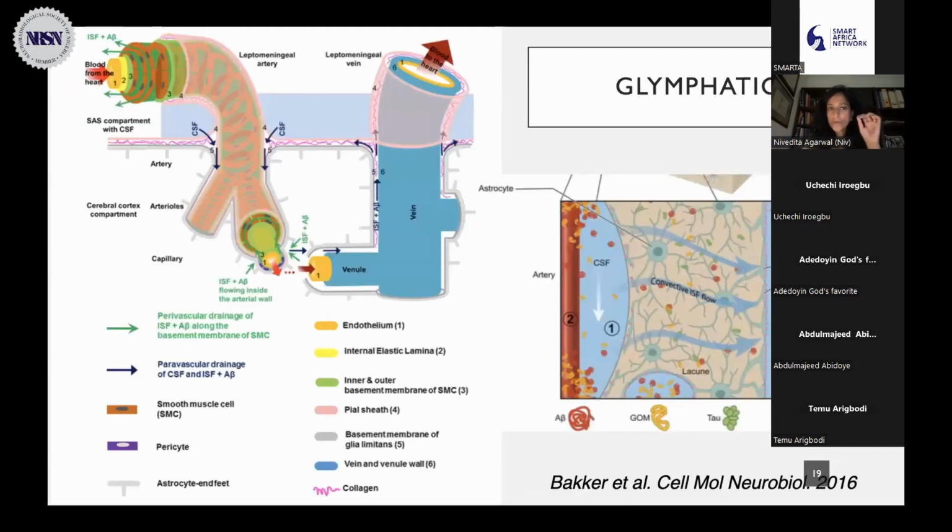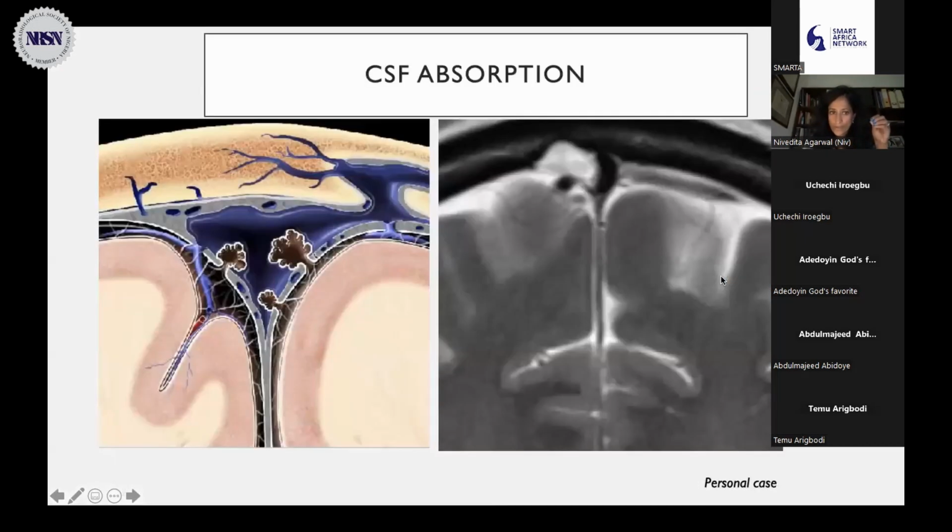And this is only one slide because it's a very difficult concept. Remember that the CSF in the subarachnoid space actually enters the perivascular space. So it doesn't just go into the arachnoid granulation and out, but it also recirculates and goes back into the brain parenchyma around the perivascular spaces. And this is now becoming a big phenomenon. This is part of the neurofluid story, where all of this fluid is important for the movement of waste products.